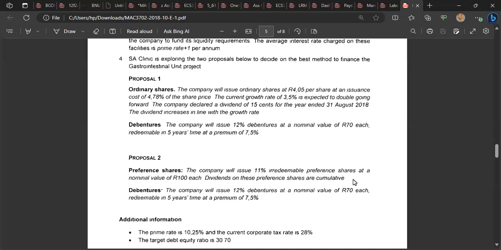So SA Clinic will take out a forward exchange contract on the 1st of December 2018 in order to hedge against currency fluctuations. So the company estimates that rates on the 1st of December 2018 will be as follows. So we have the first one, which is the forward exchange rate per month.